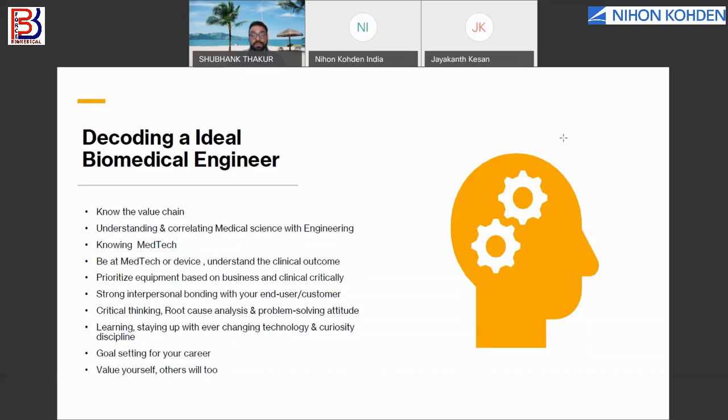The other side of the table is basically the healthcare delivery side, which is the industry I belong in, where you can work as a biomedical engineer, but then you have multiple roles to play. You can never call yourself just a biomedical engineer.